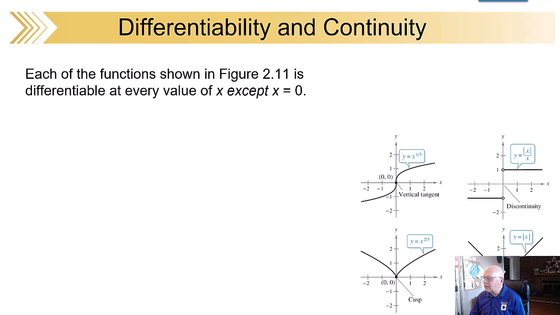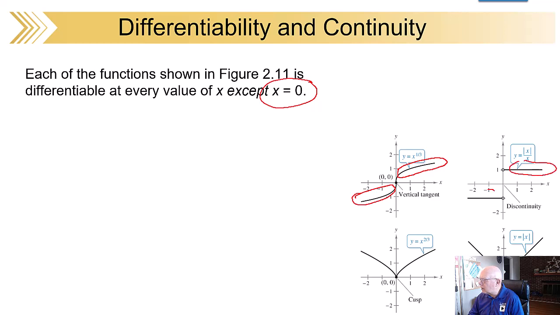Each one is differentiable everywhere except there. If you look at those four that we talked about just seconds ago, everywhere else, if you stay away from x equals 0, it's differentiable.